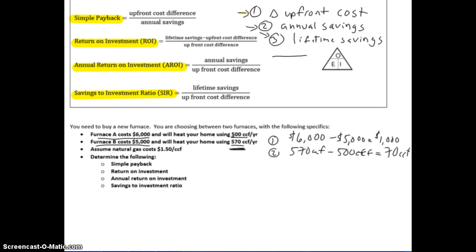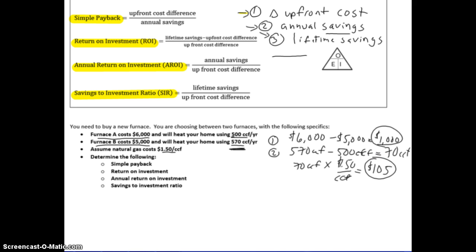We are looking for the annual cost savings. So 70 ccf, and we're assuming that it's going to be $1.50 per ccf. So simply multiply times $1.50 per ccf, and that's going to give us $105. So that's our annual savings.